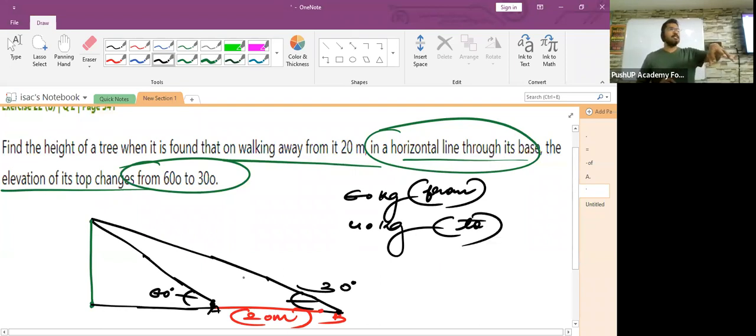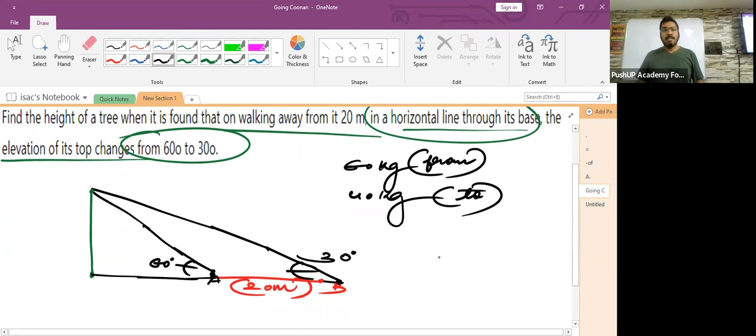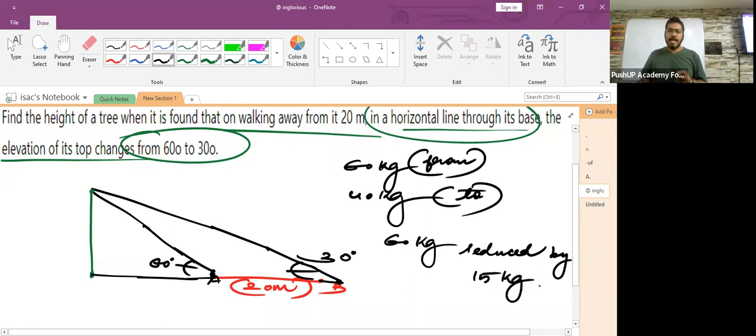Now you must be thinking why I gave such a silly explanation. I have a question connected to this. The question is, if Milan's weight is 60 kg and he reduced his weight by 15 kgs, can you tell me what would be his present weight?